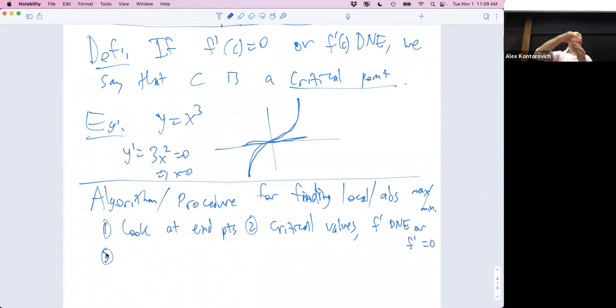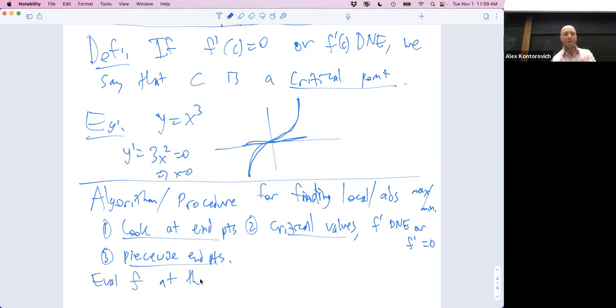And if you have any discontinuities, or if the function is defined in some piecewise way, piecewise endpoints. So these are all the places you should look. Evaluate f at these places, and compare.